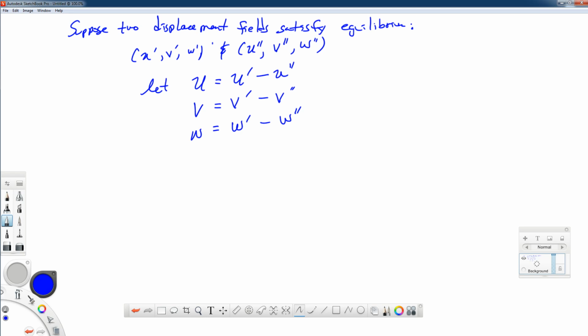Alright, so if we have these two fields and both of these two fields satisfy equilibrium, when we take the difference of these two fields' equilibrium equations, what we're going to get is the body term is going to be subtracted away.